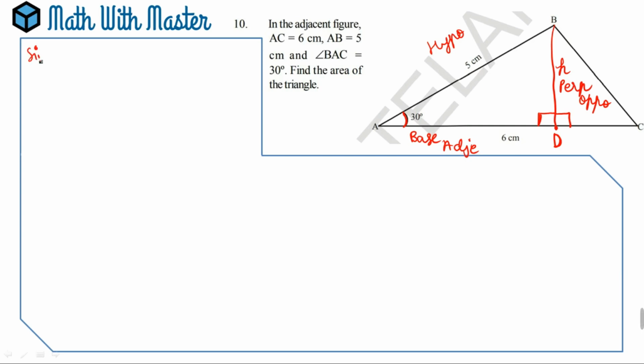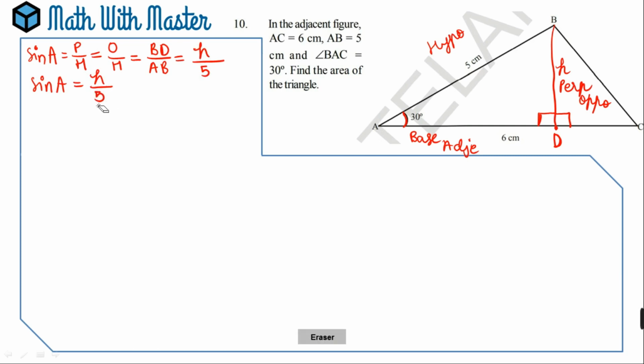So I am using sin A over here, which is perpendicular upon hypotenuse, which is also opposite upon hypotenuse, which is equal to BD upon AB. Now what is the value of BD? h. And what is the value of AB? It is 5. So sin A is equal to h upon 5. And we know the value of angle A, so sin A is equal to sin 30 degrees.